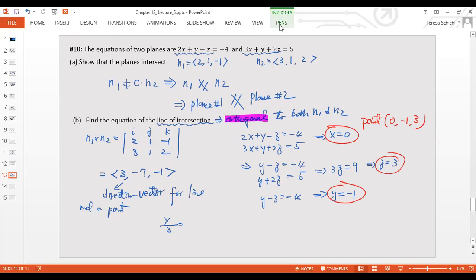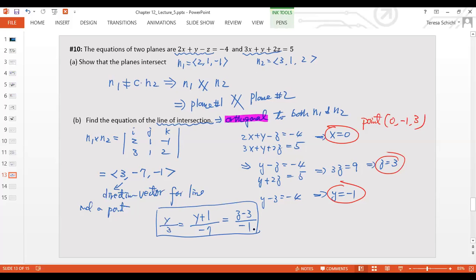Okay, so that's the point, right? If you're not careful. So this is y plus 1, and it's negative 7. And then z minus 3, and the negative 1 is here. So this is what type of form we talked about for the line? We call it the symmetric form here.